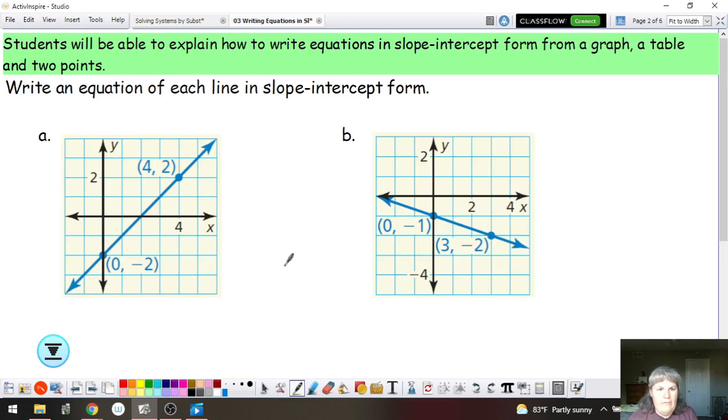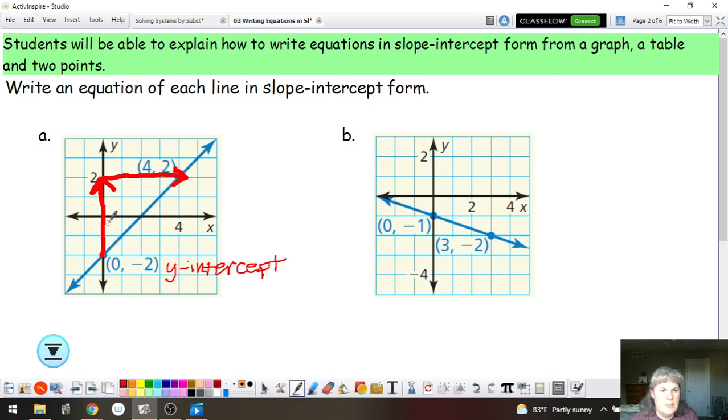So from a graph, we can identify the y-intercept because it's where it crosses the y-axis. So this is our y-intercept. And we can use rise over run to find our slope. I'm going to go up 1, 2, 3, 4, and to the right 1, 2, 3, 4.